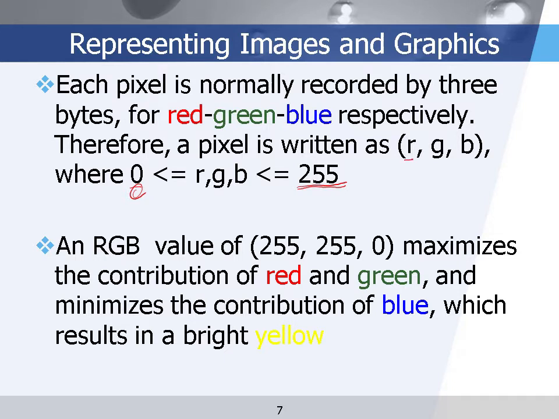So if red equals 0, that means this color has no red. If red is 255, it means it has full red.